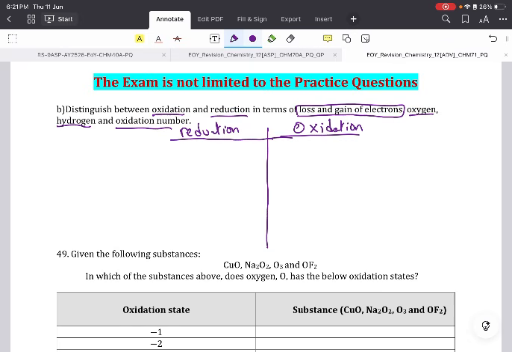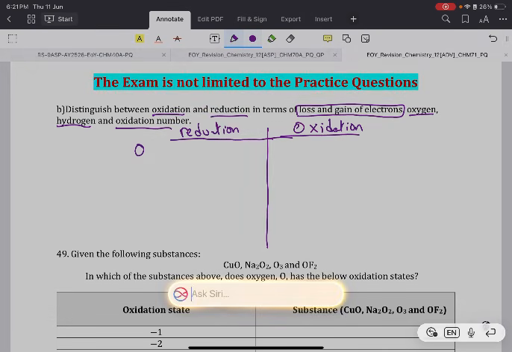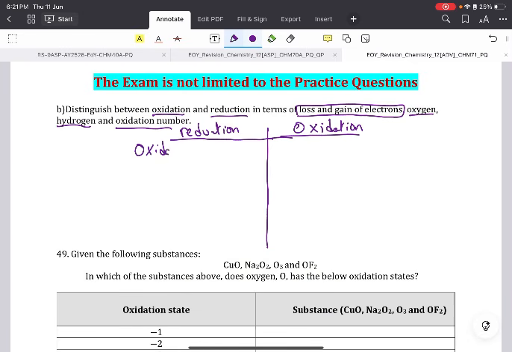Reduction comes from the word reduced, becomes less. So the oxidation number in the reduction decreases. It's totally the opposite in the oxidation. Oxidation number increases in the oxidation.